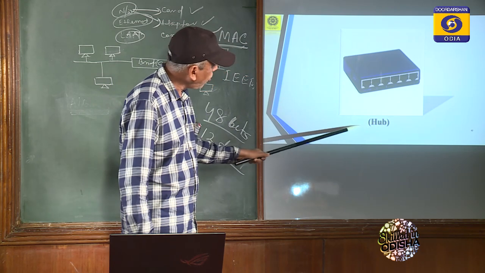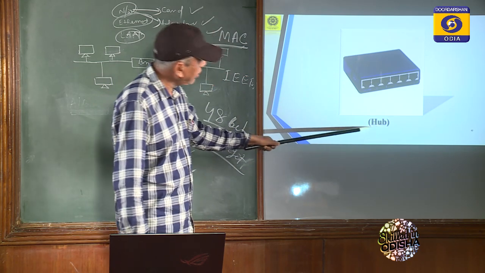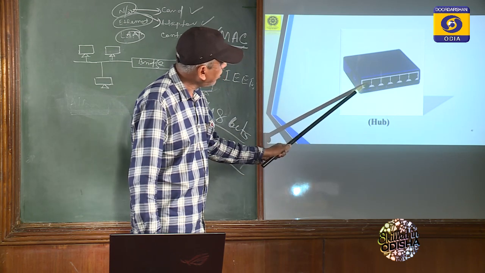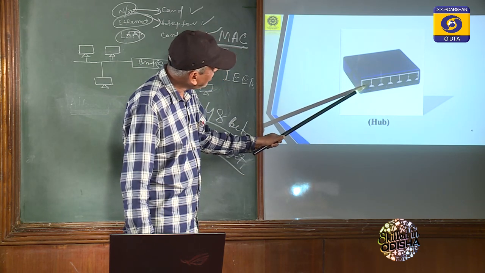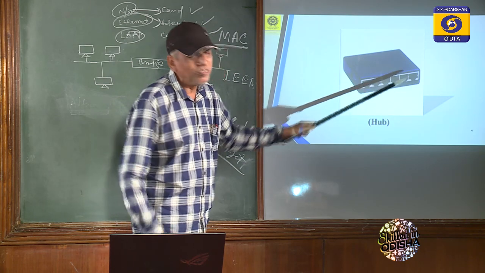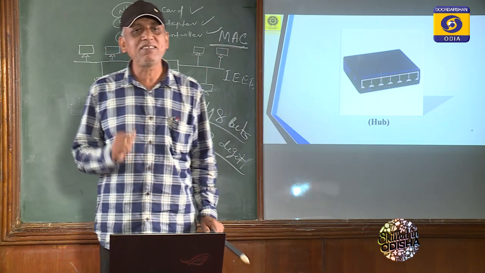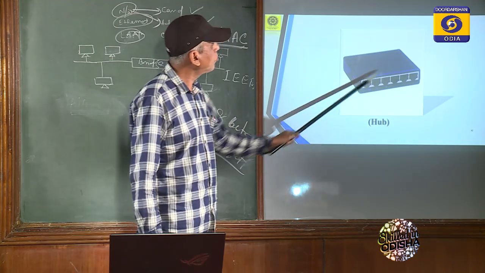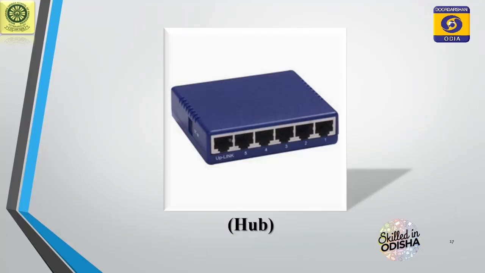Whenever one computer sends data, it is automatically transmitted to all computers, which is inefficient and unnecessary wastage. We want only, suppose, the first node to the 6th node. It is impossible in the case of a hub.